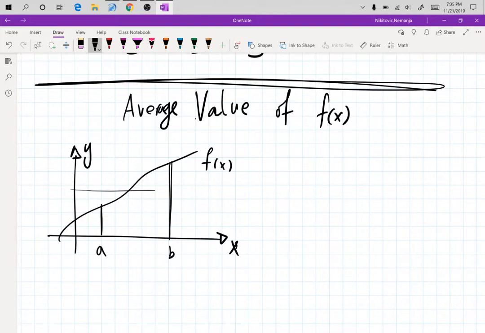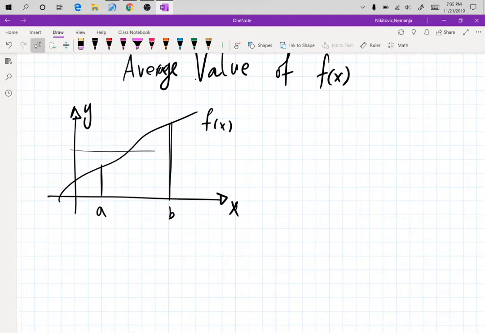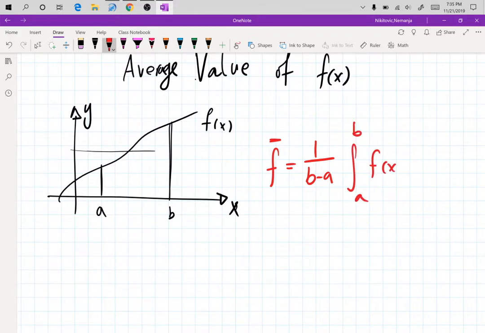So how do you calculate the average value of the function? Here's the formula. Average value f bar of the function is calculated as 1 over b minus a of the integral from a to b of f of x dx. That's it.